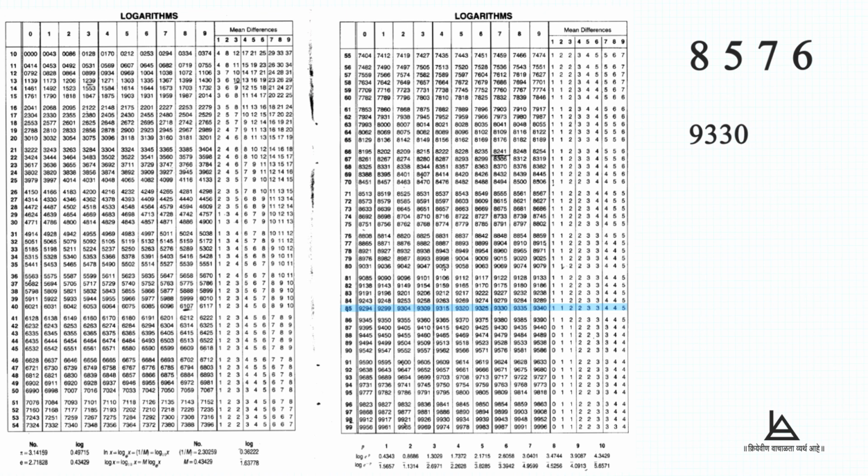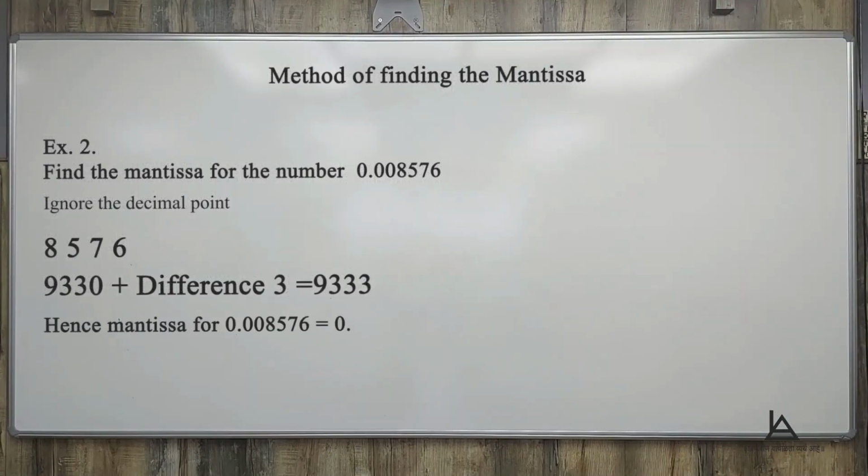The next digit after 7 is 6. Find the number in the same row under the column 6 of the mean difference. The difference is 3. Adding the difference 3 to 9330 gives 9330 plus 3 is equal to 9333. Hence the mantissa for 8576 is 0.9333.